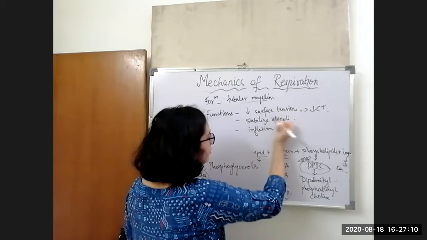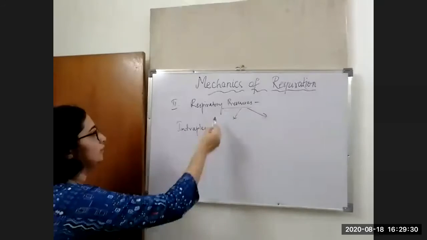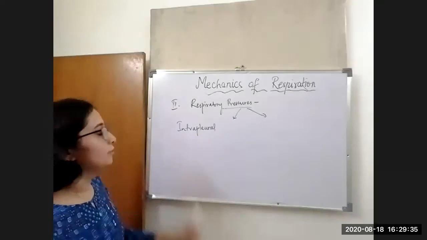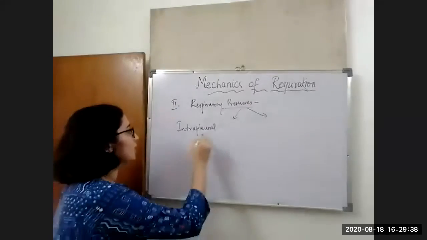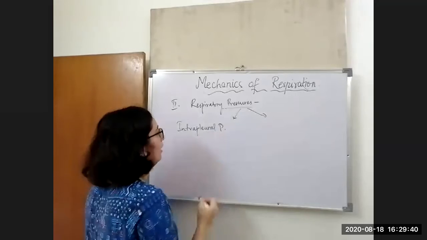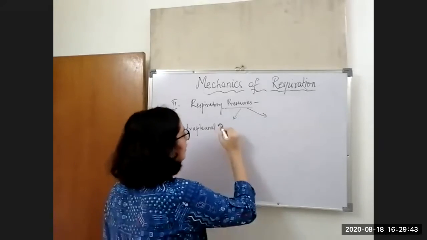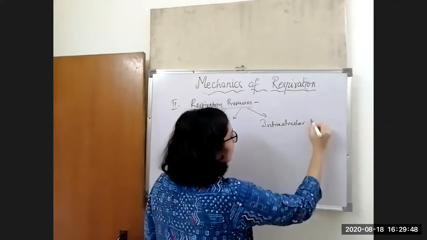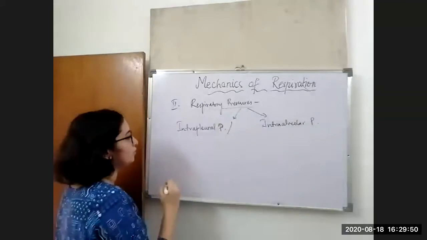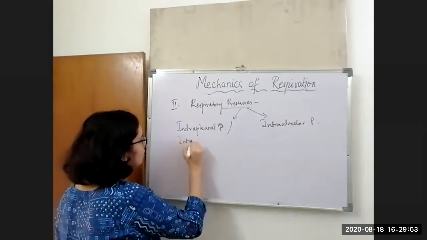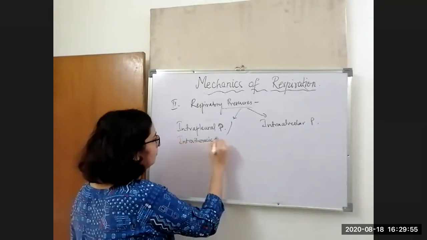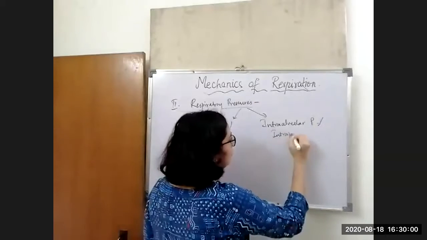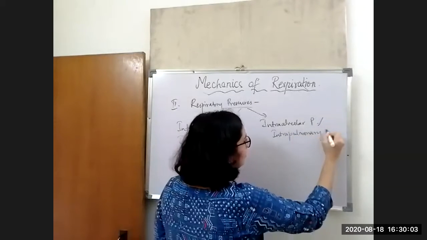There are mainly 2 types of respiratory pressures. They are intrapleural pressure and your intra-alveolar pressure. Okay, intrapleural pressure is also known as intrathoracic pressure, and intra-alveolar pressure is also known as intrapulmonary pressure.